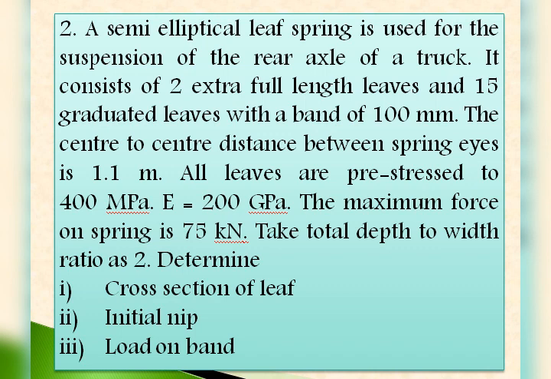The center to center distance between spring eyes is 1.1 meter. All leaves are pre-stressed to 400 megapascal. Capital E is equal to 200 gigapascal. The maximum force on the spring is 75 kilonewton. Take the total depth to width ratio as 2. Determine first the cross section of the leaf, second the initial nip, third the load on the band. This is the given statement of the problem.